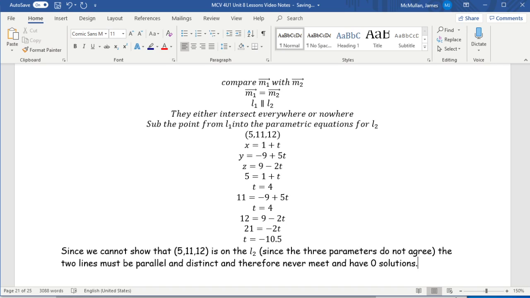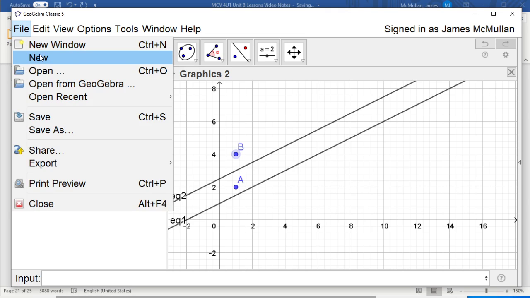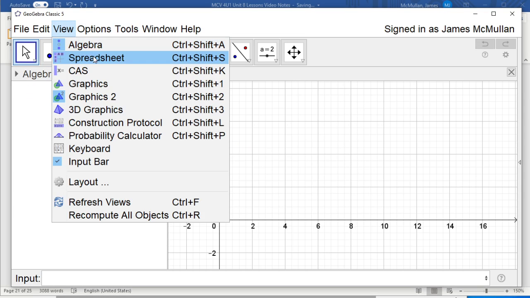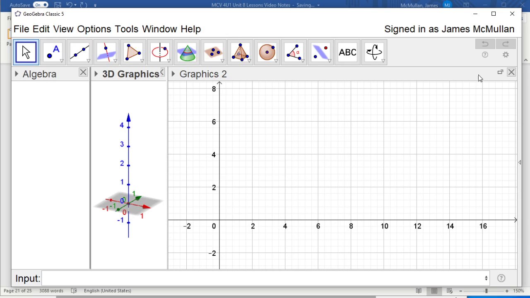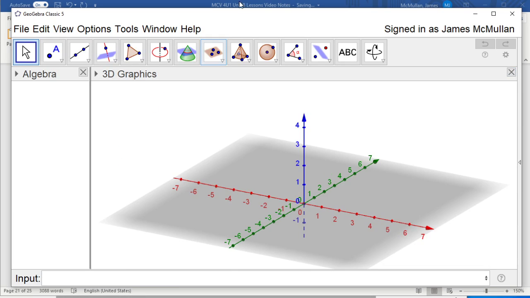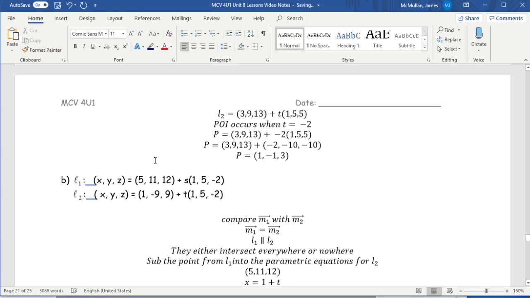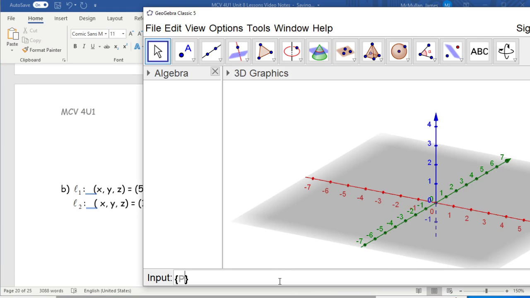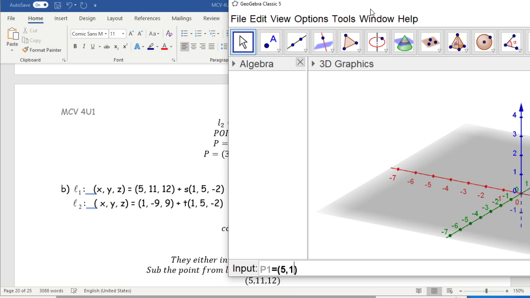Okay, again, GeoGebra is your friend for this. All you've got to do is check and make sure your conclusion's right. So what we're going to do here is make 2 points. P1 is equal to 5, 11, 12. M1, which is the first direction vector, is 1, 5, -2. P2 is 1, -9, 9.